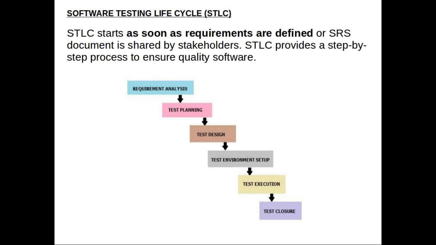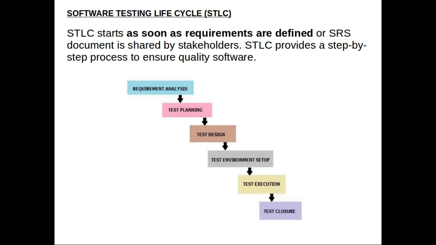Software Testing Life Cycle (STLC) identifies what test activities to carry out and when to accomplish those test activities. Even though testing differs between organizations, there is a testing life cycle. STLC starts as soon as requirements are defined or the SRS document is shared by stakeholders.